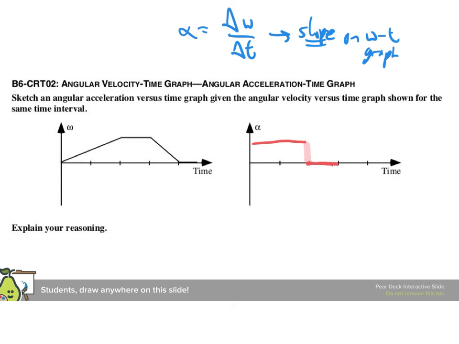And then we see here that we have a negative slope, but it's steeper than this, so it should be more negative. So let's drop down to maybe there. And we have some value that's about right. And then finally it goes back to 0 because at the end of the motion, again, omega is 0.